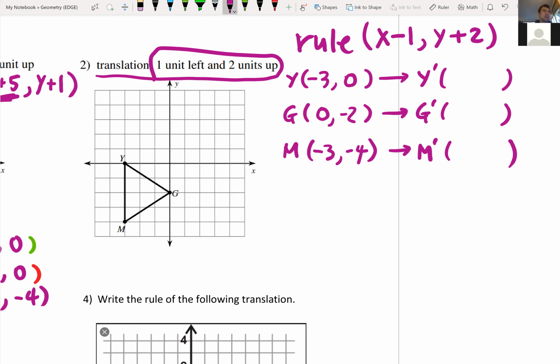Okay, you're going to subtract 1 for all the x coordinates. These are the x coordinates, right? So let's do that. Let's subtract 1, subtract 1, subtract 1. And you're going to add 2, add 2, add 2. And then you get the new coordinates.